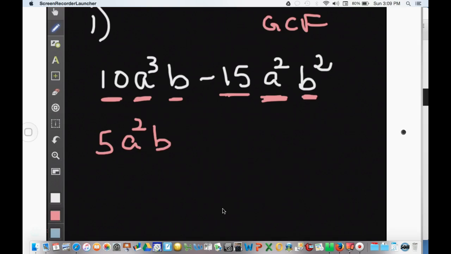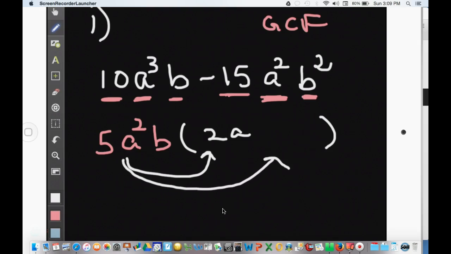At this point, I'm going to think to myself, what do I multiply 5a squared b by to get 10a cubed b? And after careful consideration, I'm thinking 2a. And then I say to myself, what do I multiply 5a squared b by to get 15a squared b squared?